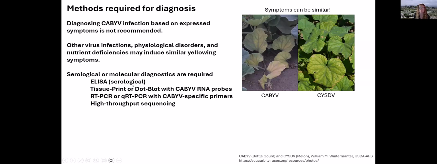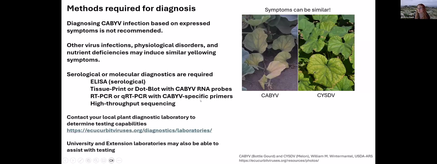And these other ones listed here act by amplifying the genome of the virus many times so that we can see that it's there, right? And this last one right here, high throughput sequencing, is a very expensive but untargeted approach. So you put all of the genetic material through this process, and it sequences and it will tell you all the viruses that may be present in your plant, maybe more than just the one causing disease.